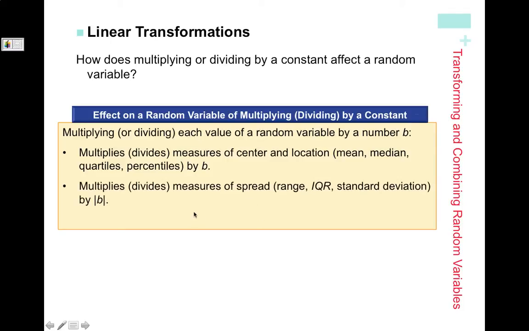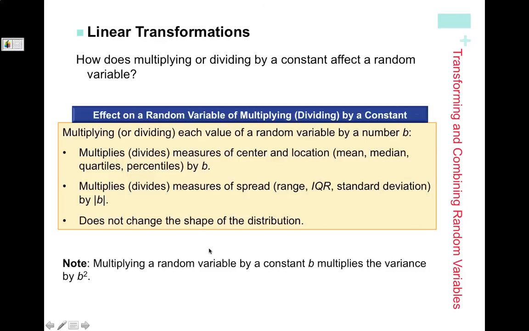We multiply or divide the measure of spread, whether it's range, IQR, or standard deviation, by the absolute value of b. And multiplying does not change the shape of the distribution. On a side note, multiplying a random variable by b multiplies our variance by b squared, because remember, the variance is the standard deviation squared.